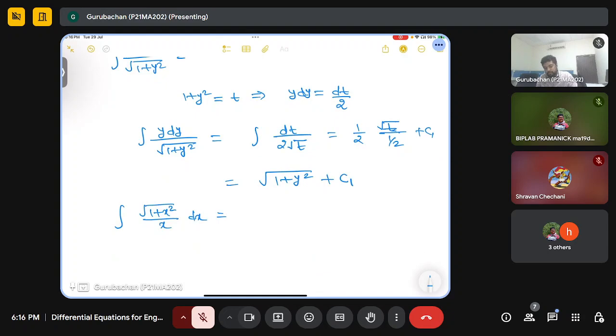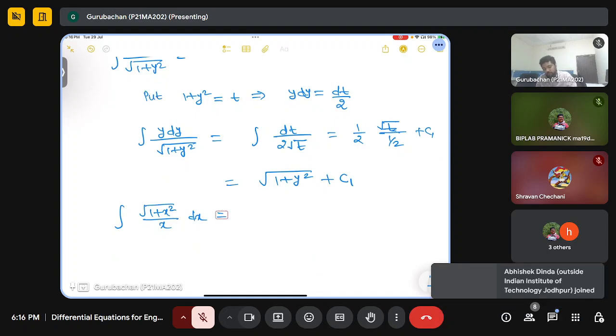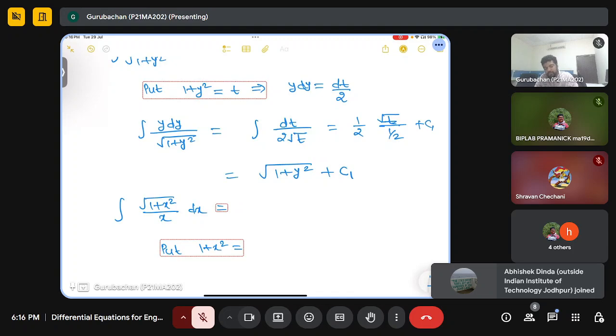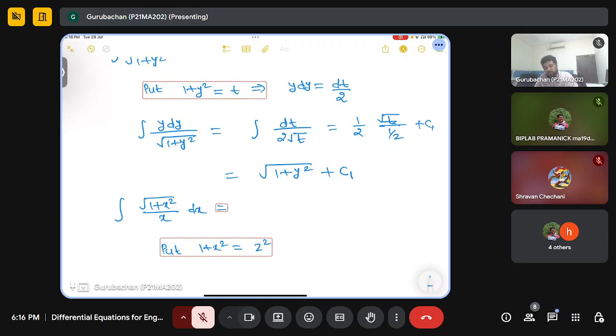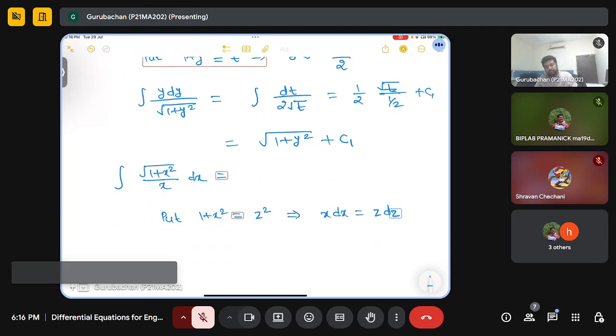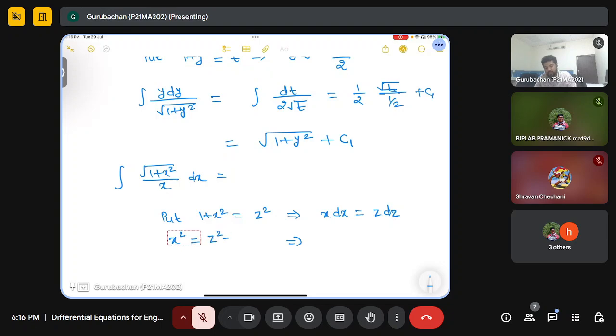So what you will do, you will consider 1 plus x square equal to some z square. So this will give you x dx equal to z dz. Correct? So what is the value of x square from here? If you observe, this is z square minus 1. Correct?